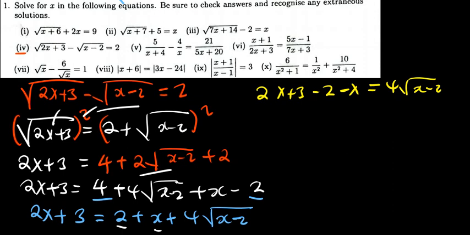That would mean 2x minus x is just x, 3 minus 2 is 1. Then I have now 4 the root of x minus 2, like that.